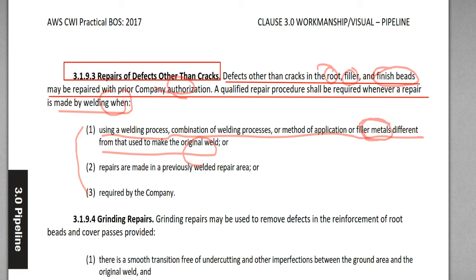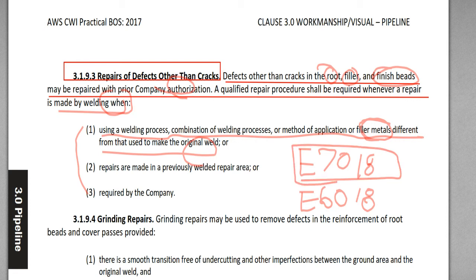And filler metal as well. If you used, for example, E7018 for SMAW, but in the repair weld, if you use 6018, then you need a qualified repair procedure because you didn't use the original weld filler metal.